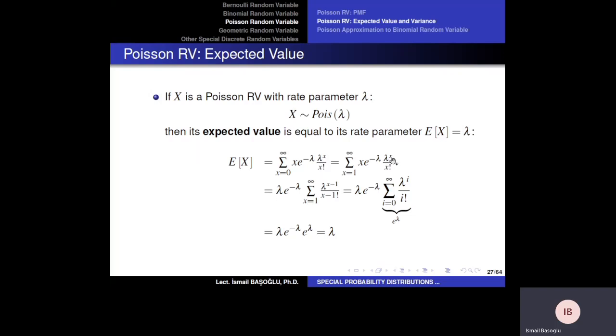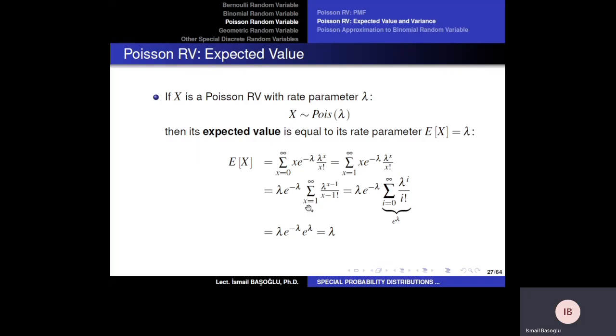And the remaining term, lambda to the power x minus 1, can be written here. Again, e to the power minus lambda is independent of the changing x value. It can also be taken out of the summation. And we will have from 1 to infinity the summation of lambda to the power x minus 1 over x minus 1 factorial, as x and x factorial here cancel out.